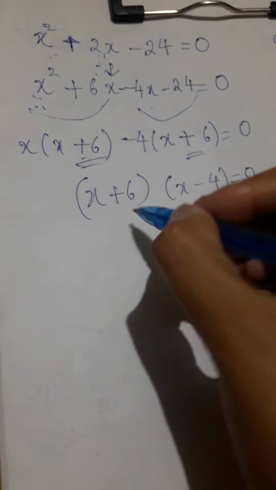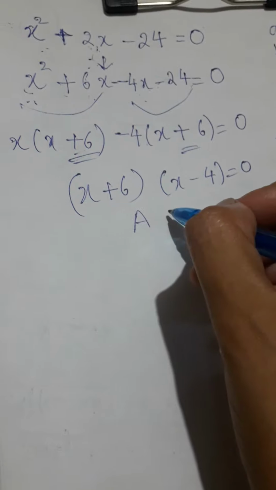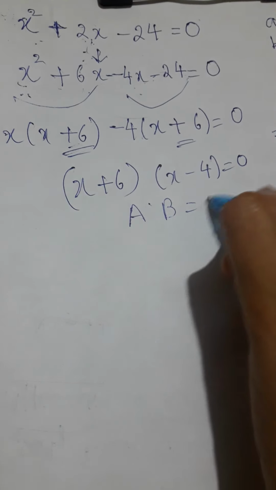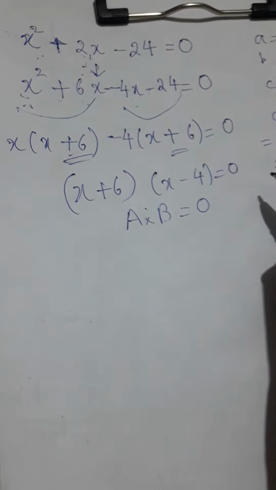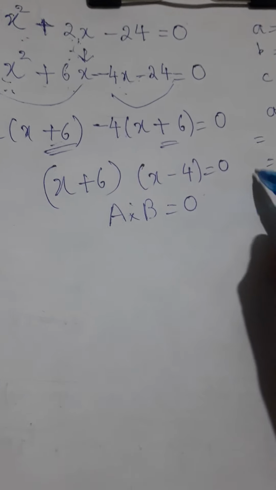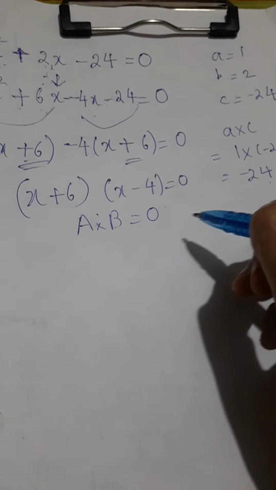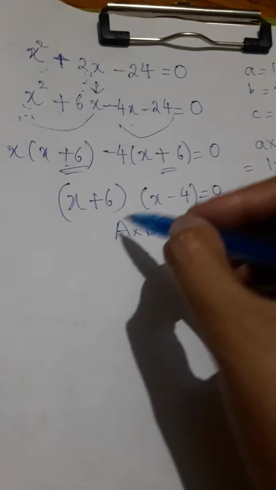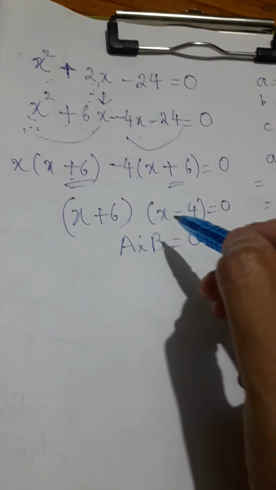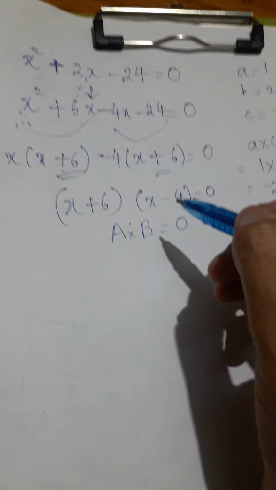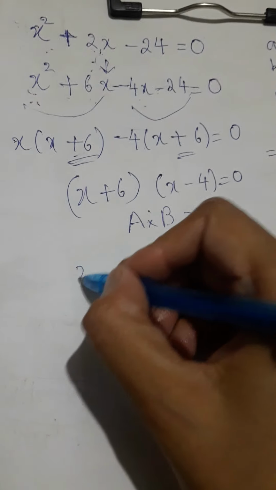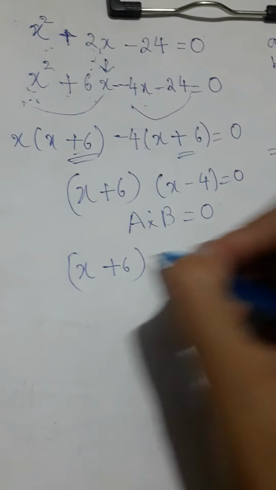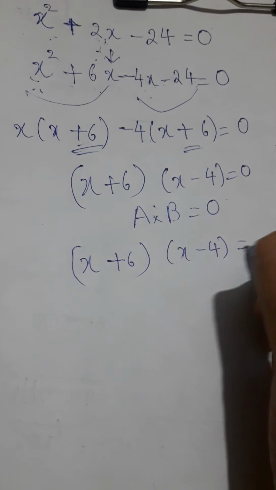Now let's say a into b is equal to 0. If a into b is equal to 0, it means a is 0 or b is 0 or both are 0. We will take the case of both being 0. Why? I need two values, right? I told you a quadratic has two values as its solution. So x plus 6 is 0 and x minus 4 is also equal to 0.